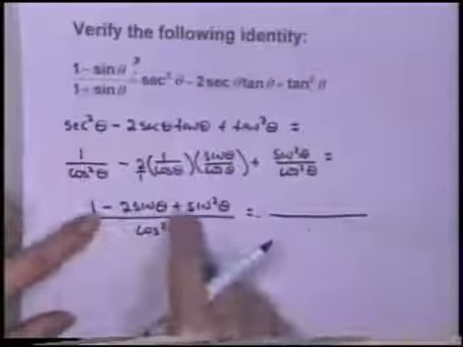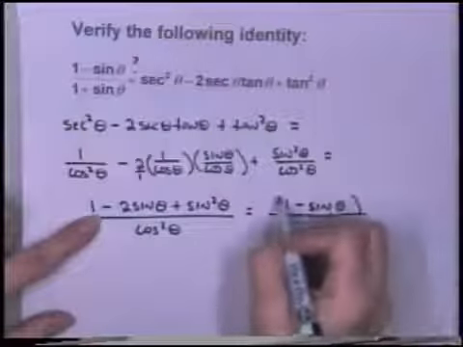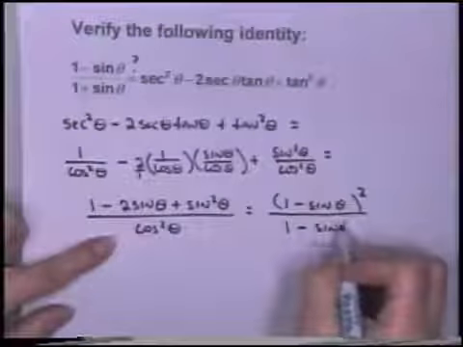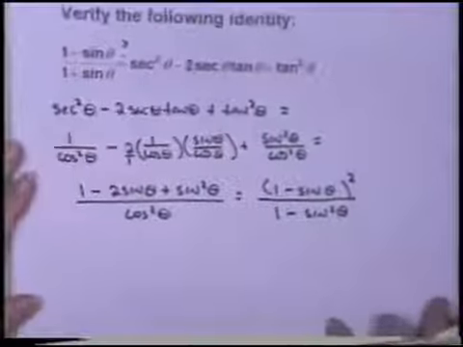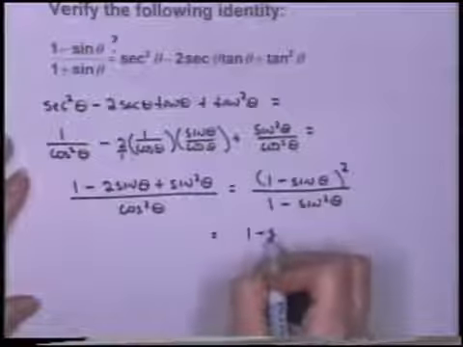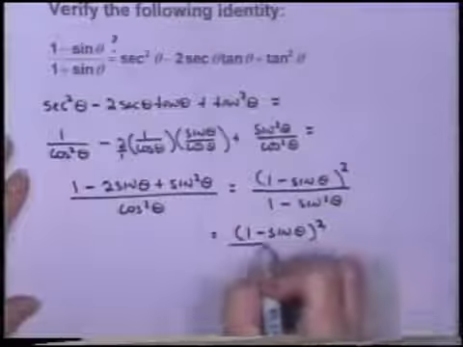Okay. Well, now I think I'm ready to do some things. This will factor as 1 minus sine theta quantity squared. Cosine squared is 1 minus sine squared. I think we've seen one similar to this before already, haven't we? Do you see what I'm going to do next? I'm going to factor that denominator. So bring down your numerator.